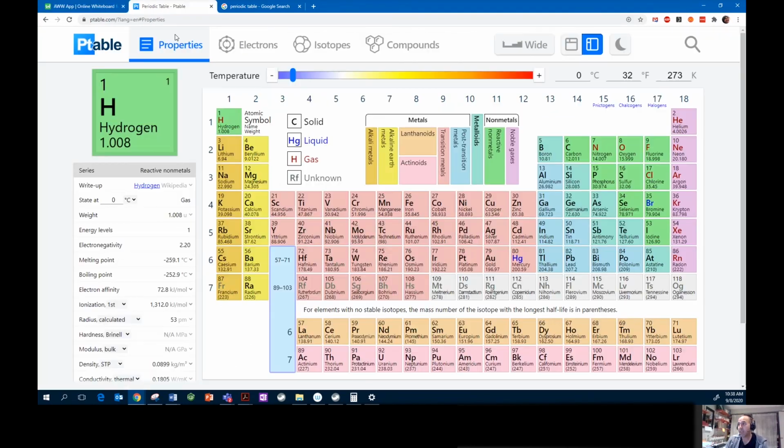One of the things I want you to be clear about is that when I ask you to explain something, let's say on a test or a quiz, I say, how come fluorine only forms a -1 ion? You cannot say, fluorine is a halogen, and based on its position in the periodic table, it's one away from a noble gas, and that's why it wants 1 electron to be like neon.